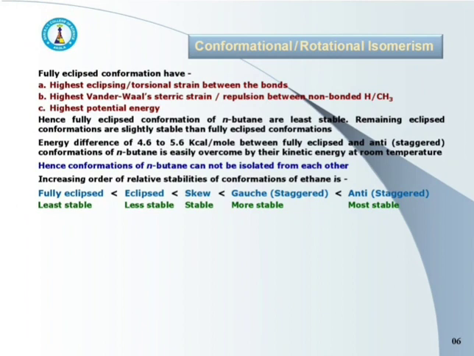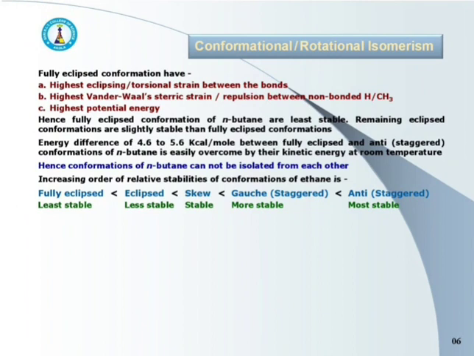Then skew conformation, which is stable. Next, Gauche conformation, more stable. And finally, anti-conformation, most stable.